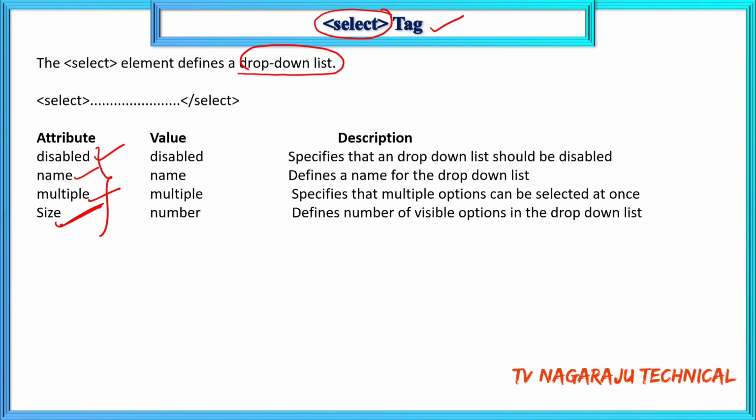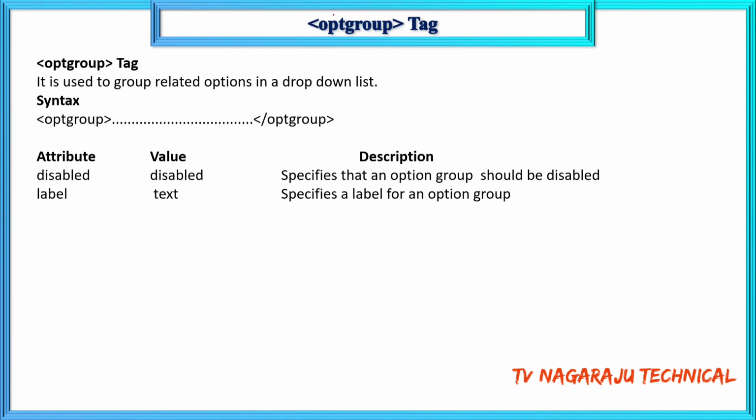But the select tag alone is not sufficient for creating a drop-down list. Inside the select tag, you write one more tag, optgroup. The purpose is to group related options. For example, all the options related to vegetables are one group, fruits are one group, bakery is one group, cars are one group.